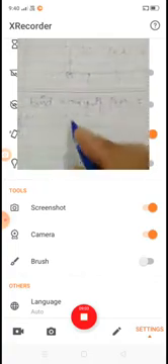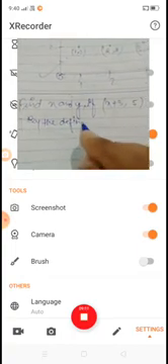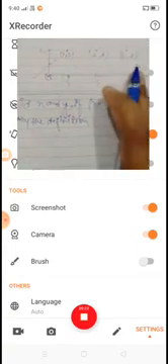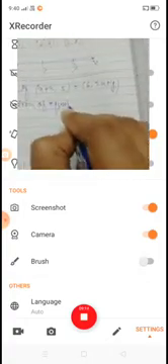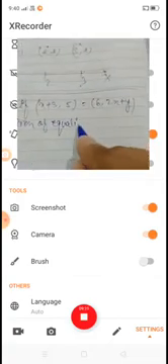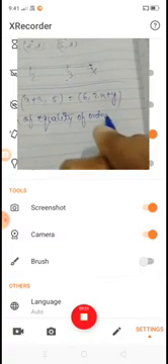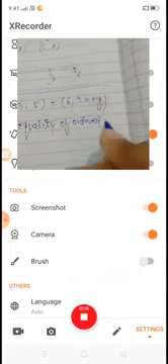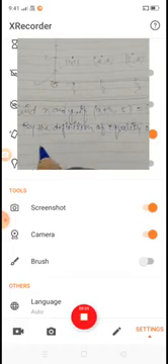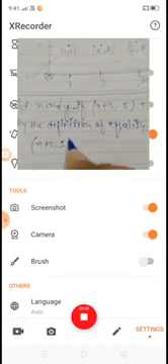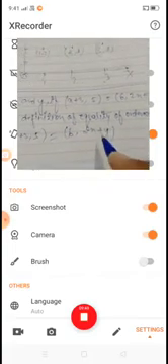Now we know that by the definition of equality of ordered pairs, (x plus 3, 5) is equal to (6, 2x plus y).